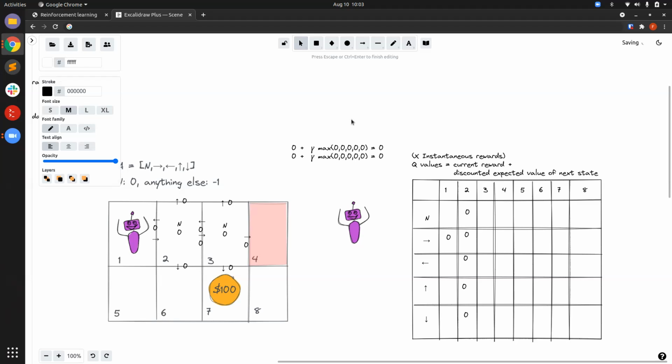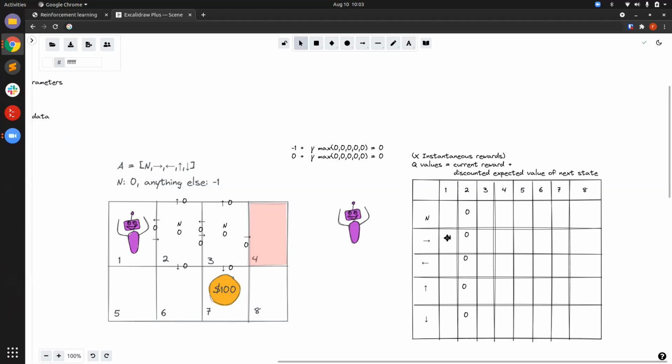Now I'm going to compute, again, my Q value. Sorry, I forgot, I update this. So I need to update this based on my new reward.